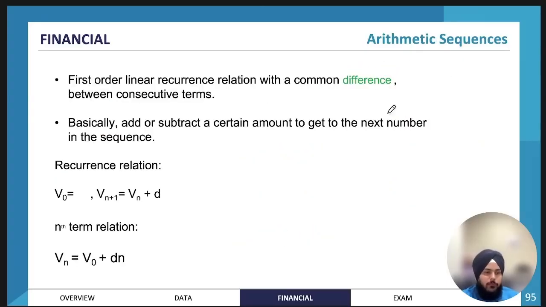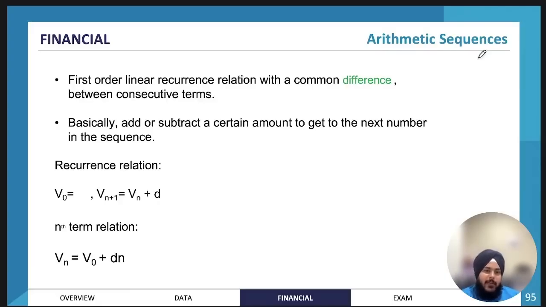Again, we've looked at what recurrence relationships are, but they can essentially represent two different types of sequences. They can be used to represent arithmetic sequences, or they can be used to represent geometric sequences. Arithmetic sequences are when the values are being added by the same amount each time.